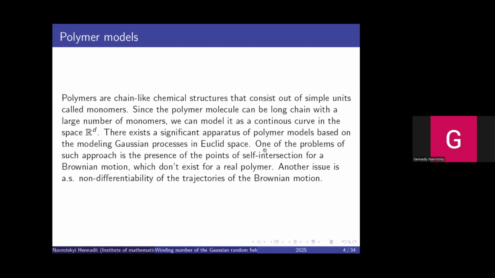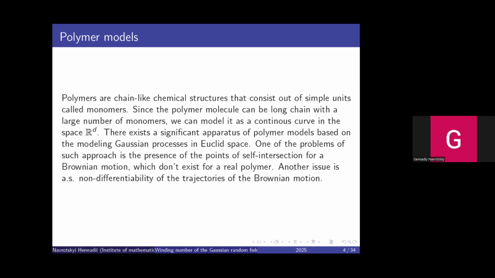But there are some problems with this approach, such as that the Brownian motion on the plane has points of self-intersection, unlike the polymer, and also the trajectories of the Brownian motion are non-differentiable with probability 1.